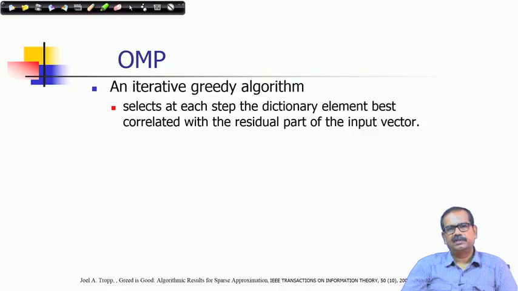Then next time, you subtract the part already represented by that vector. That is called the residual. The next time, again you carry on the same operations with the residual. With the residual, again you find out along which directions you are getting the maximum component, then you add it to your dictionary and use it for least square error estimation.